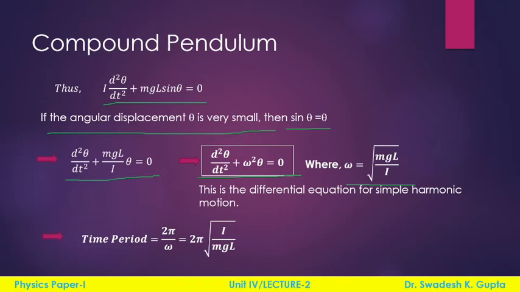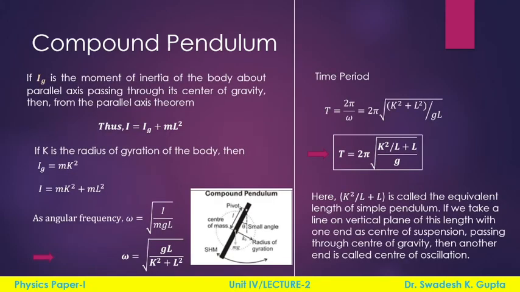Now the time period T will be 2 pi by omega, which is equal to 2 pi under root I upon mgl. Now if Ig is the moment of inertia of the body about a parallel axis passing through its center of gravity, then from the parallel axis theorem we have I is equal to Ig plus ml square.